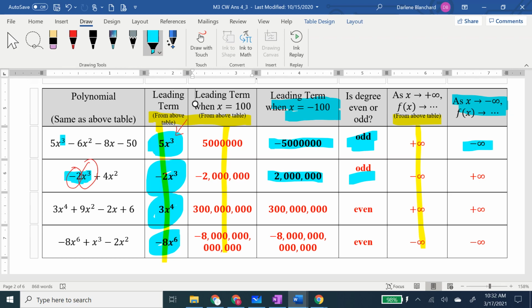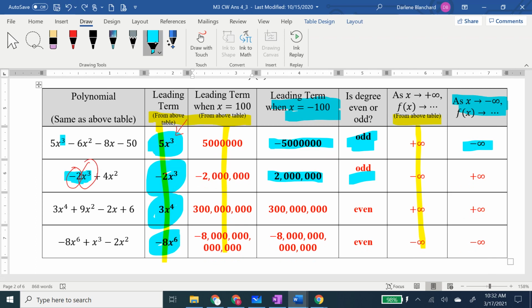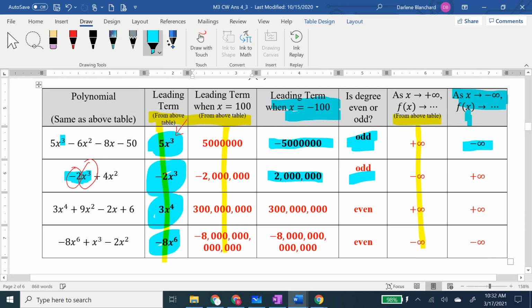And that means that my left end is actually heading to positive infinity.